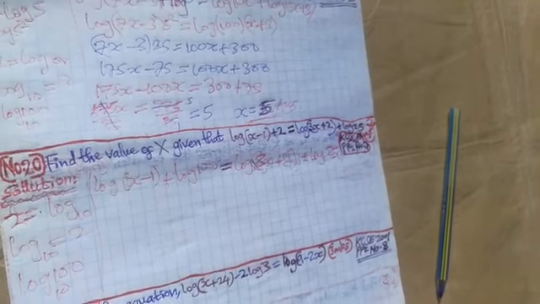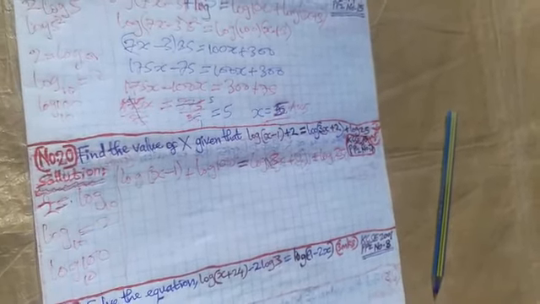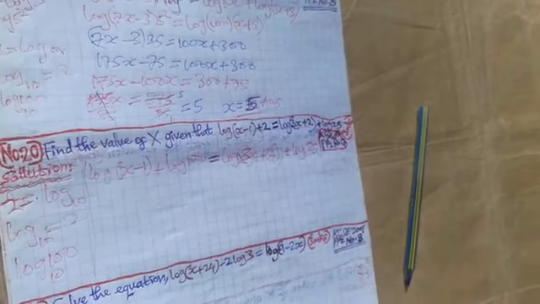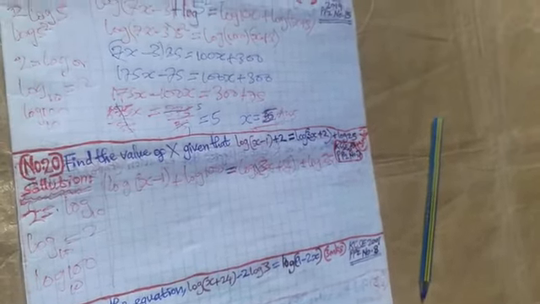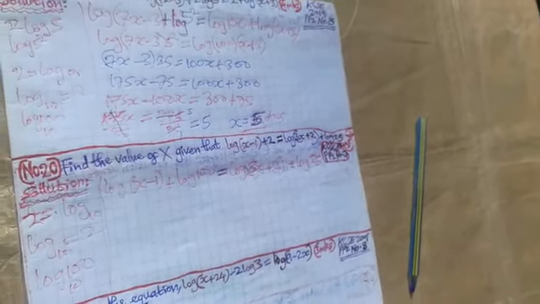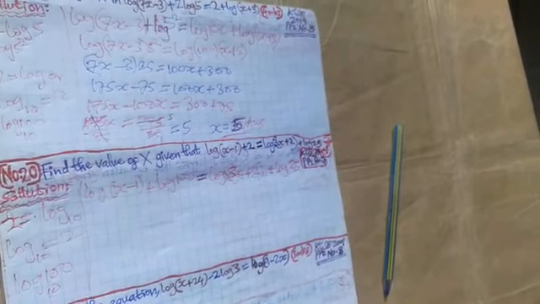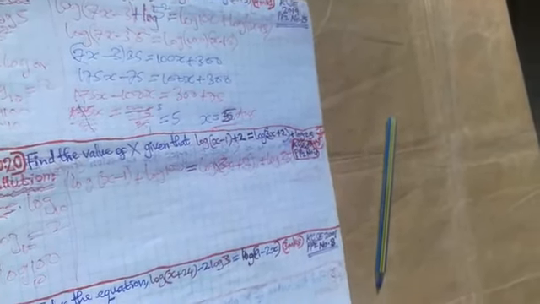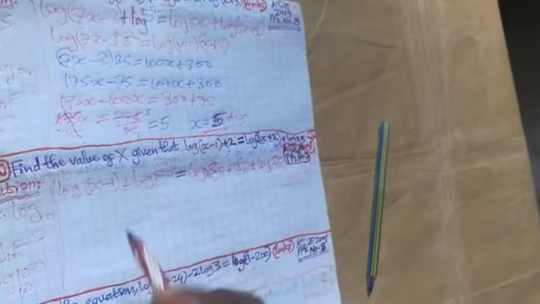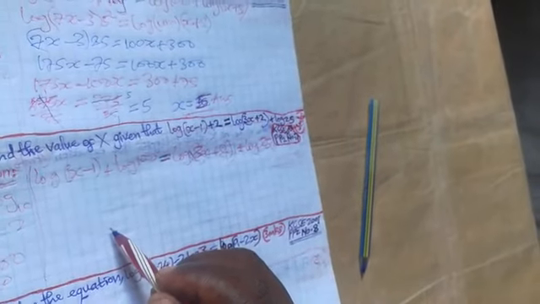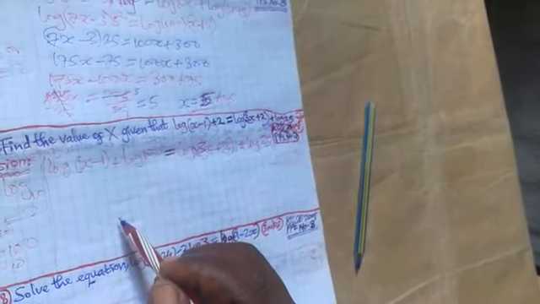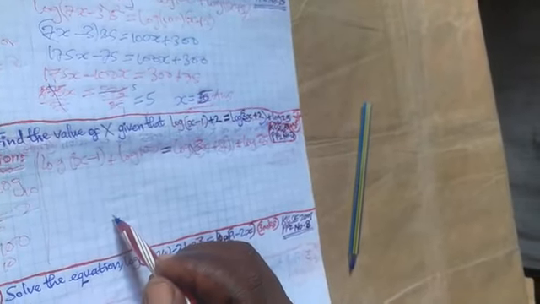Now, since we are adding two logs on both sides of the equation, we are going to take one log, but we always remember that addition goes with multiplication and subtraction goes with division.